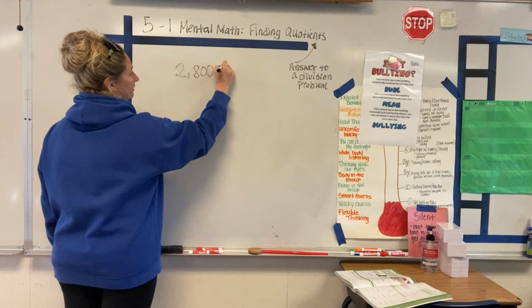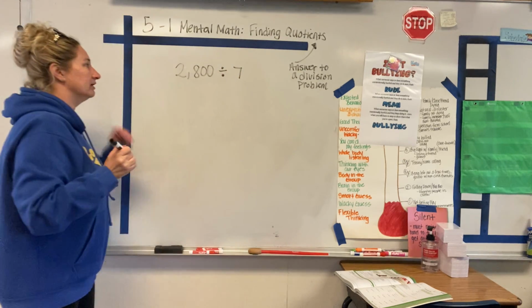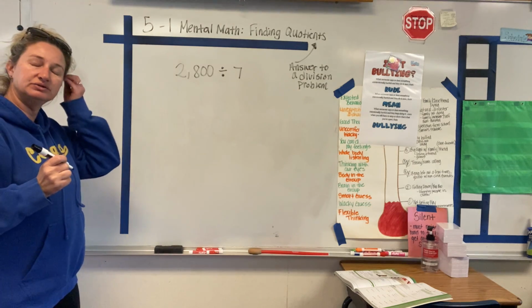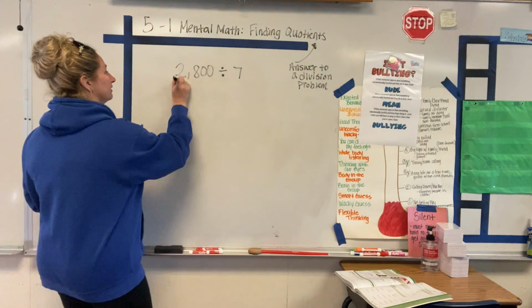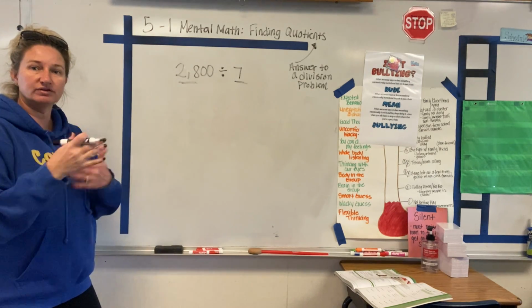2,800 divided by 7. Okay, so step 1 is to divide the root problem. So that's 28 divided by 7. That's whatever goes with your fact families.